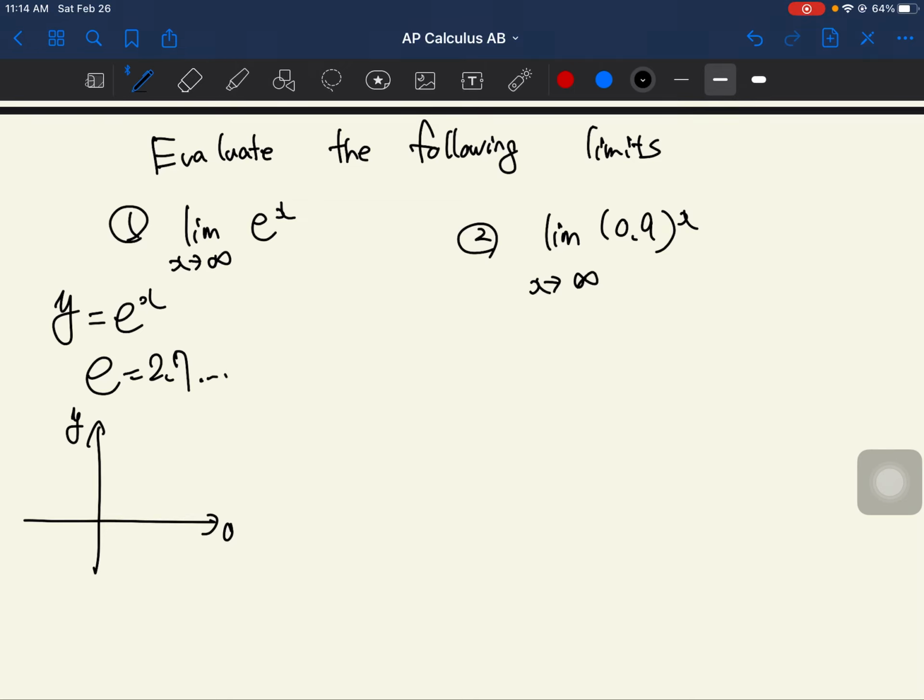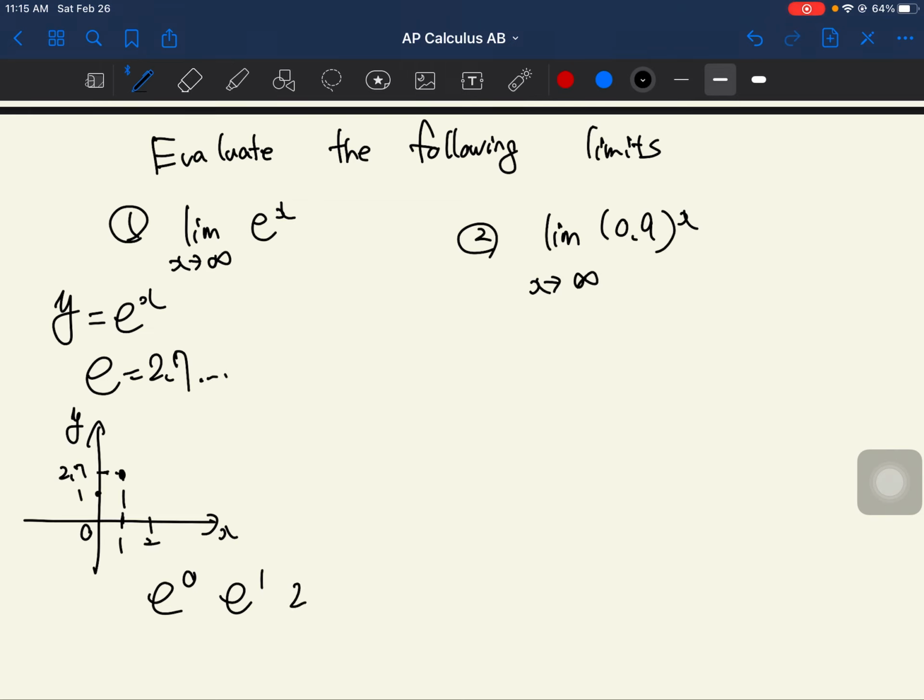So when you plug in 0 into x, it's going to be e to the power of 0, which is 1. Something to the power of 0 is always 1. If you didn't know, you need to know that. And e to the power of 1, so if you plug in 1, it's going to be 2.7 something.